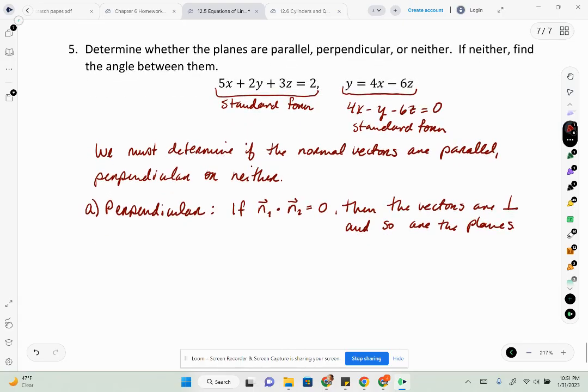So let's identify n1 and n2. n1 is going to be the coefficients in front of x, y, and z. So it has components 5, 2, and 3.